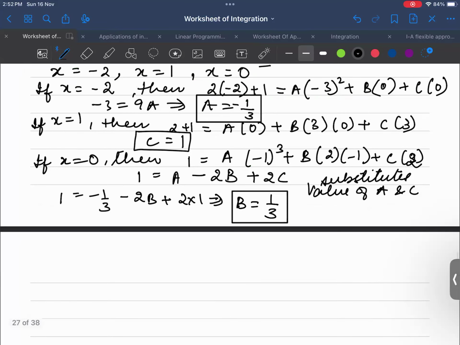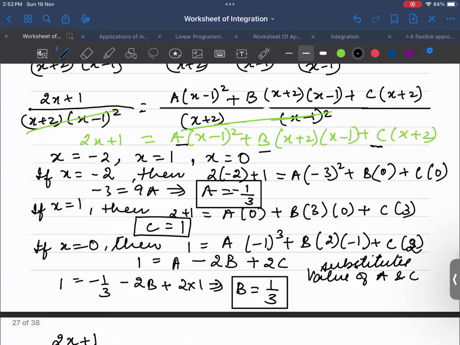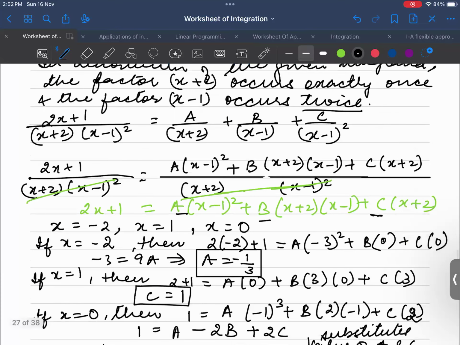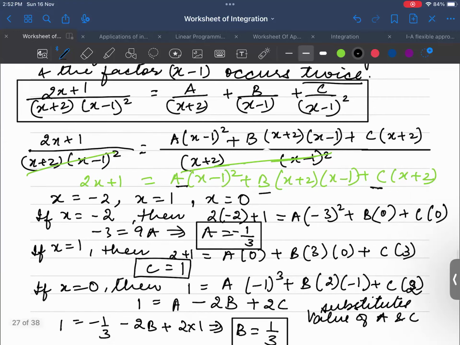So we can write it down. The question was 2x plus 1 upon x plus 2 and x minus 1 whole square. This was the question. Now we are putting the values in this equation which we have framed by the partial fractions.